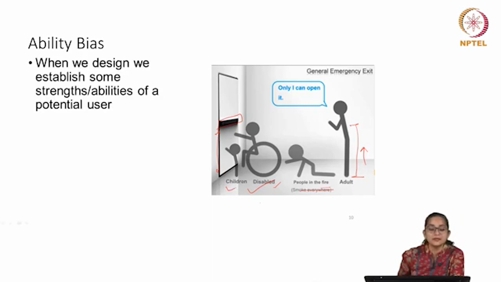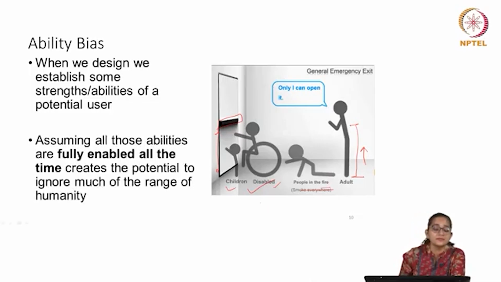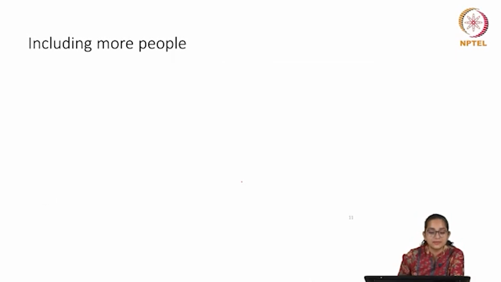So basically, when we design something, we establish some abilities of a potential user, and this itself is called ability bias, because we assume that all of those abilities are fully enabled at all times, and this potentially makes us ignore much of the range of humanity. So we should try to shy away from this mindset.